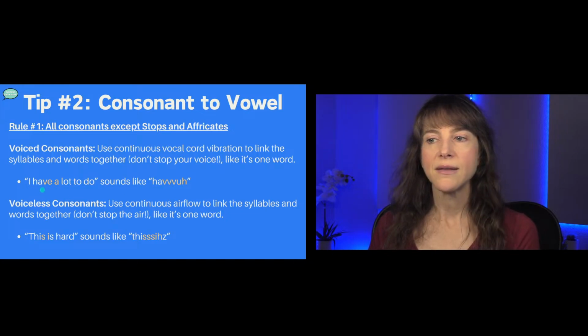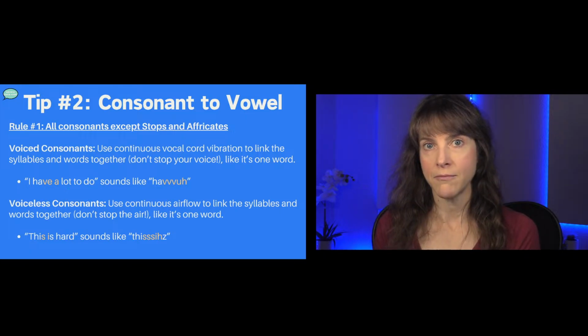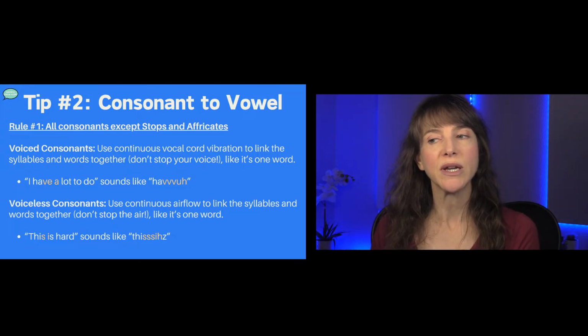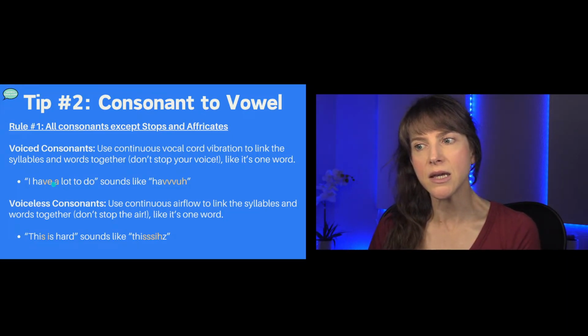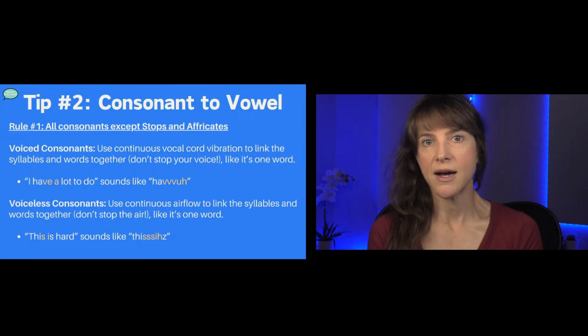So here's your phrase to practice with. I have a lot to do. And the target link is between have and a, which is reduced to the sound have a, have a. Again, don't look at the spelling here because you're going to say, oh, the word have ends with an E. That's a vowel letter, but not the sound.